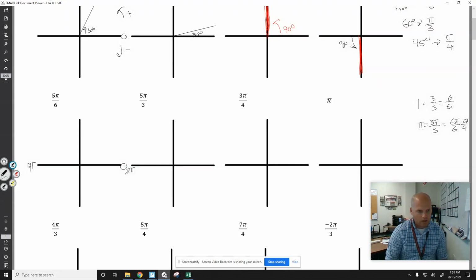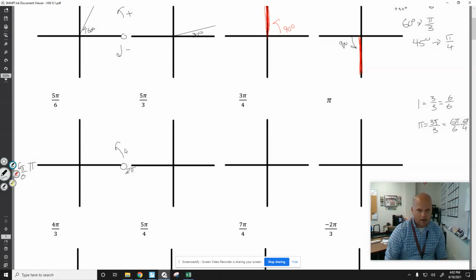So it's important to know how this can be written differently. Why does that help me? 5 pi over 6 is 1 pi over 6 less than 6 pi over 6.